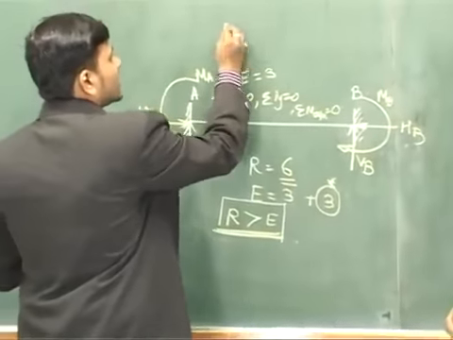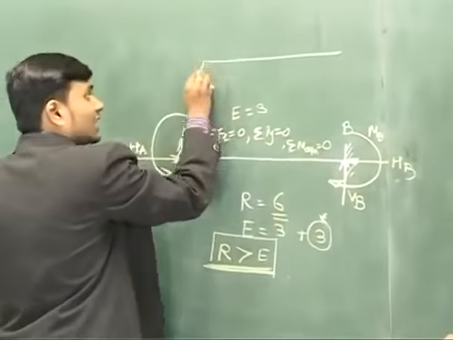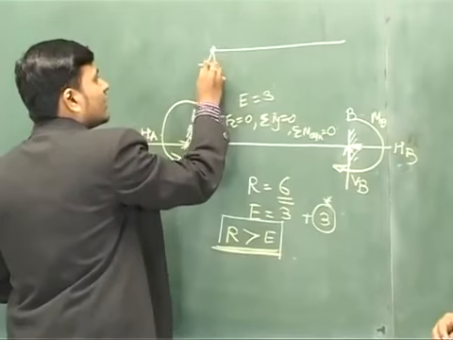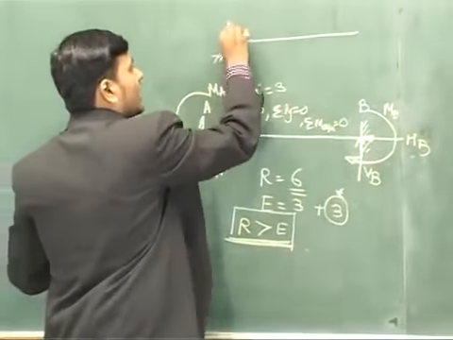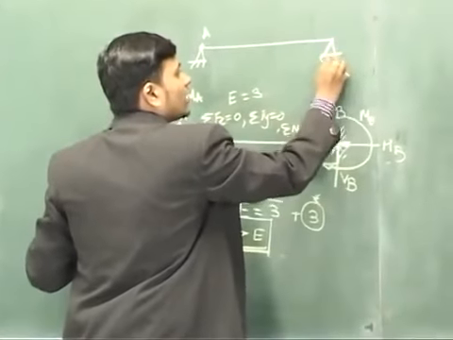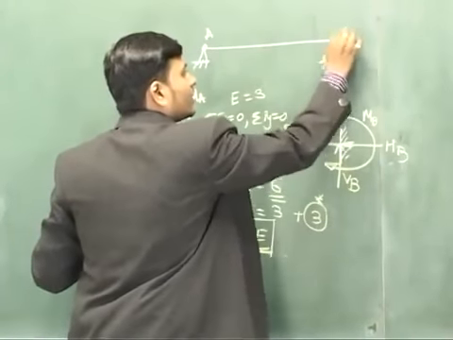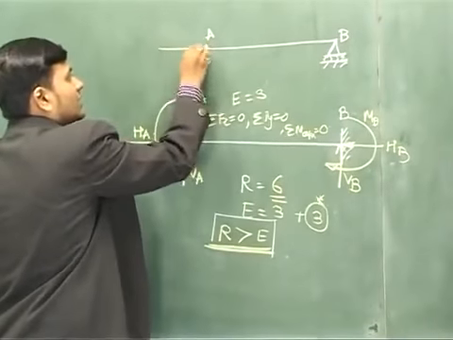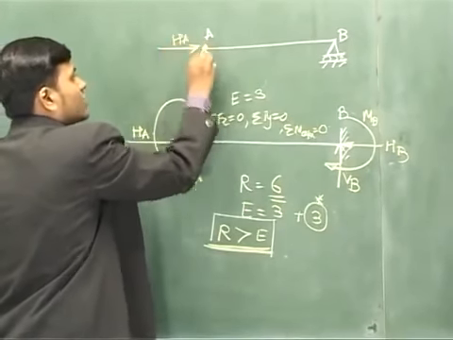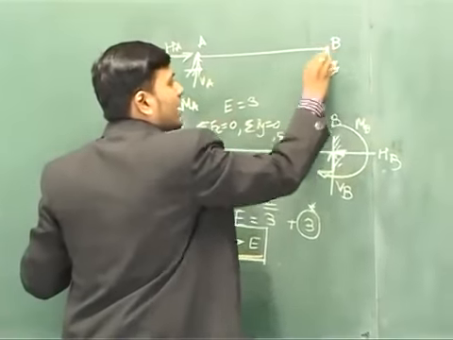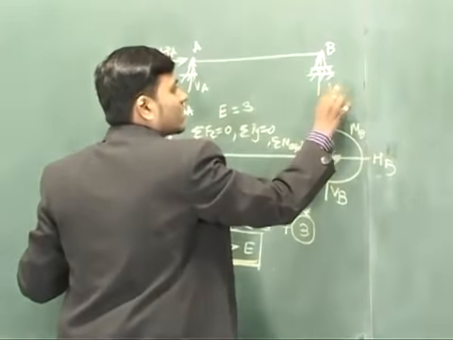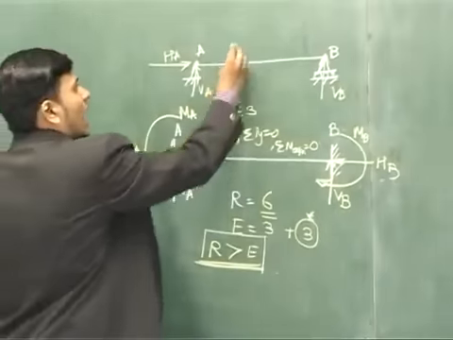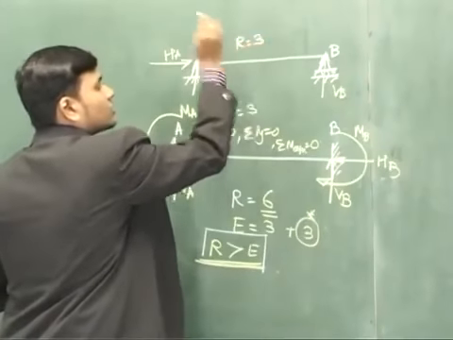But for example, in the last example we have solved, which is having the hinge support at A and roller at B, we calculated the 2 reactions at A, HA and VA, and 1 reaction at B. Reactions are nothing but the constraints. So R is equal to 3.